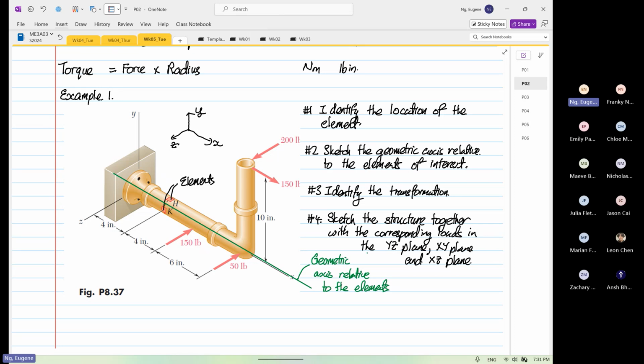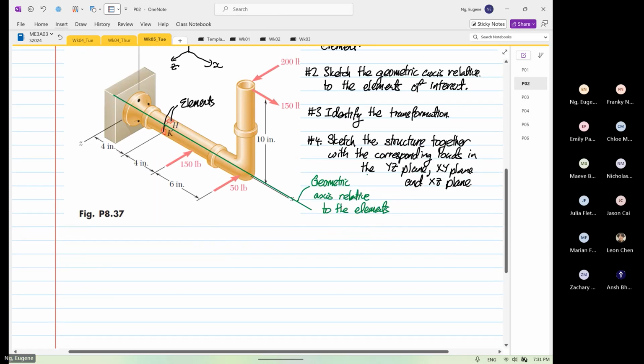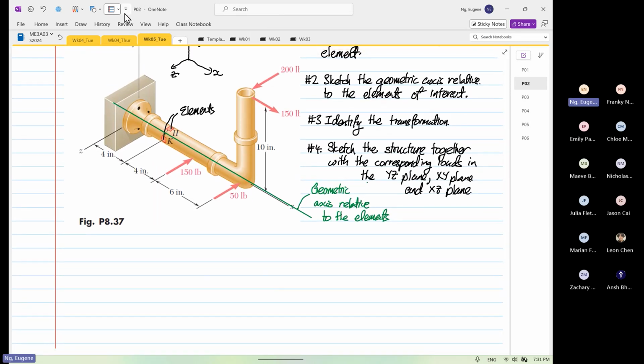Sometimes you don't need to sketch all the three planes. Maybe two is enough. Sometimes you do need to sketch all three. So now we are going to sketch.